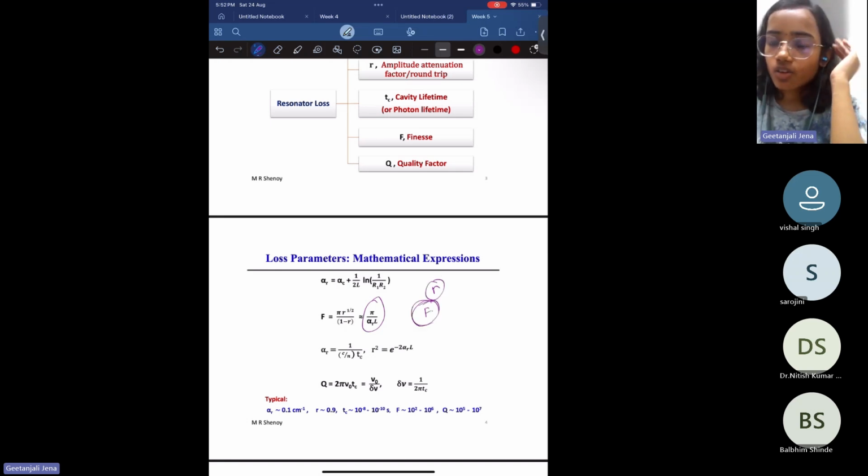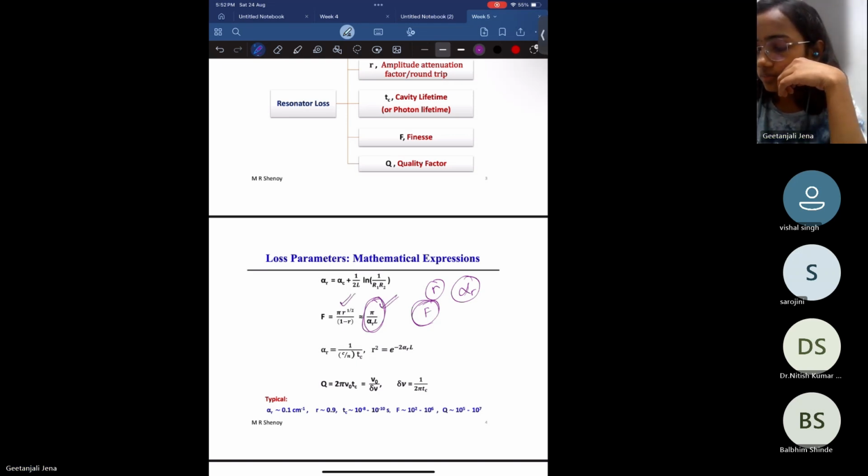And let's say R is not given, but instead alpha R is given, that is the resonator loss coefficient. If that is given, then you can use this formula. Either of these you can use: pi by alpha R L, or pi root over R over 1 minus R.